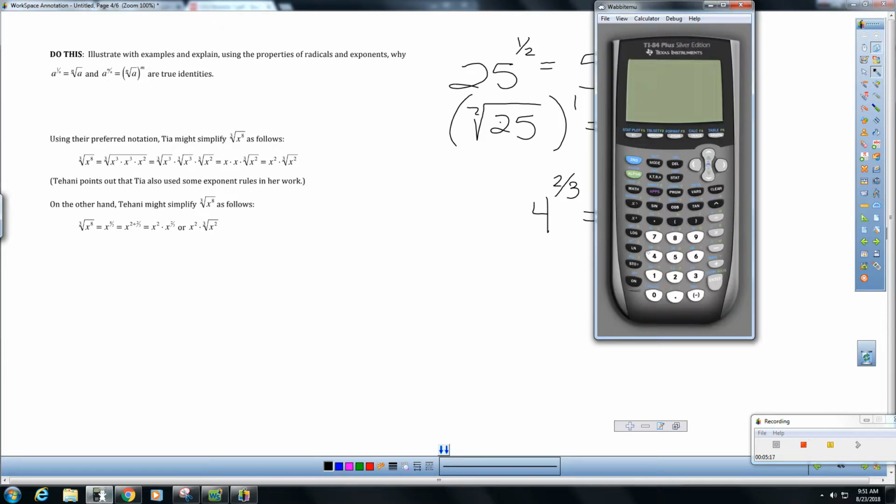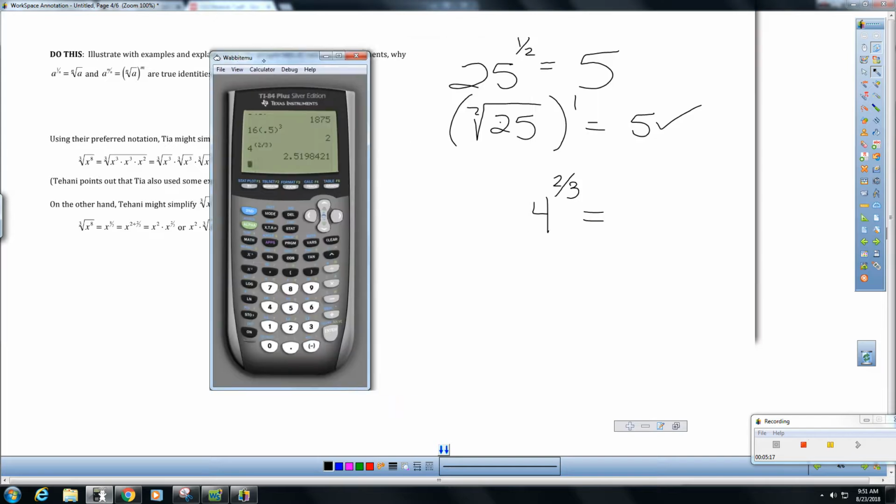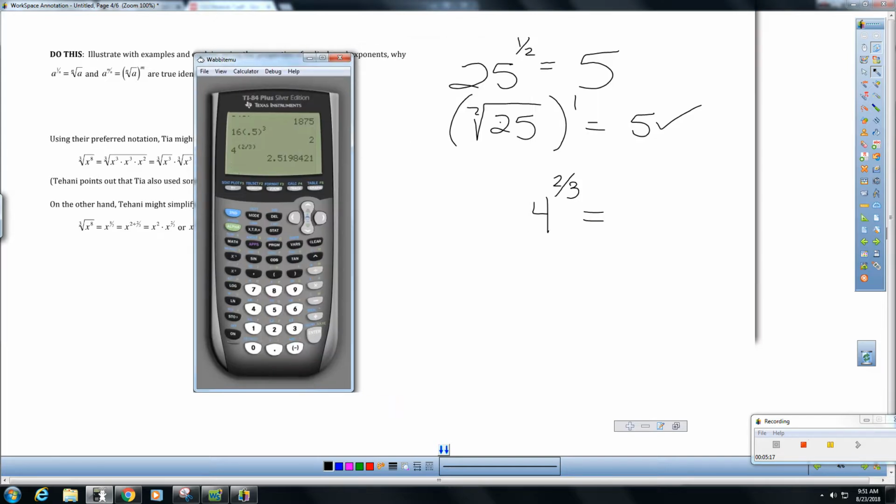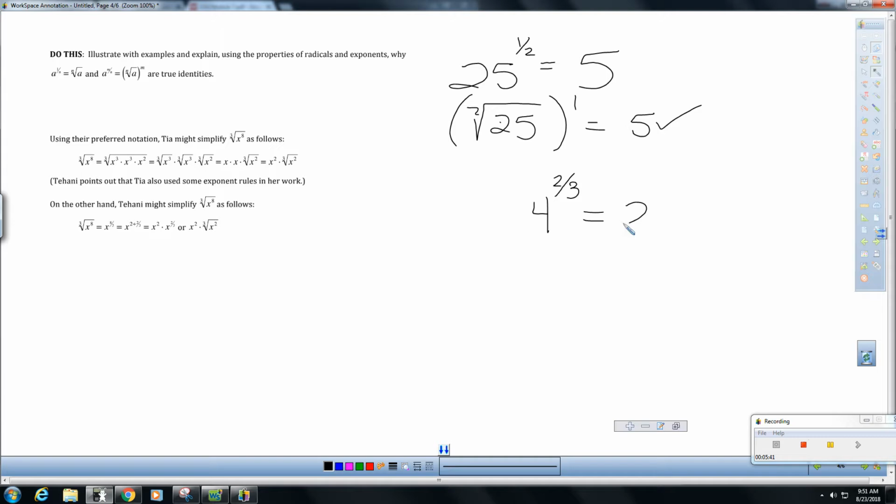Turn it on. 4 to the parentheses 2/3, close it. Alright, that's what we get for it. It's about equal to 2.5198.